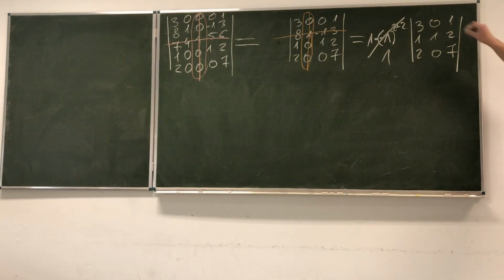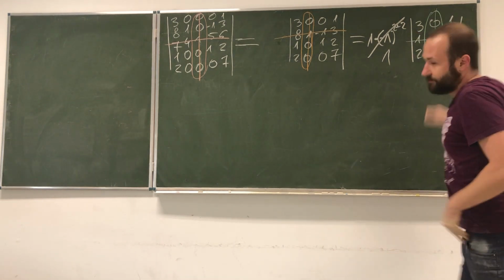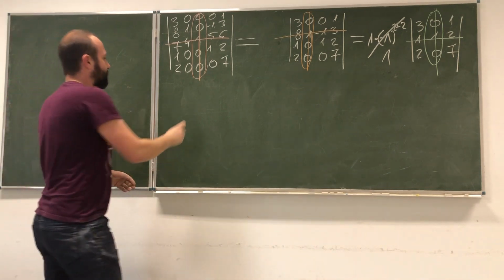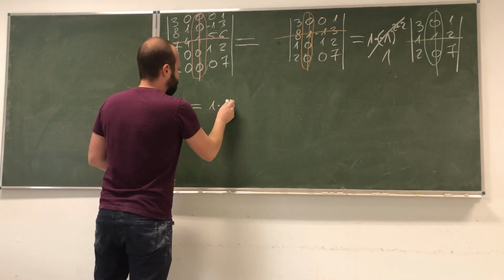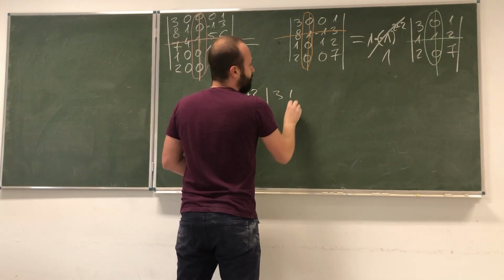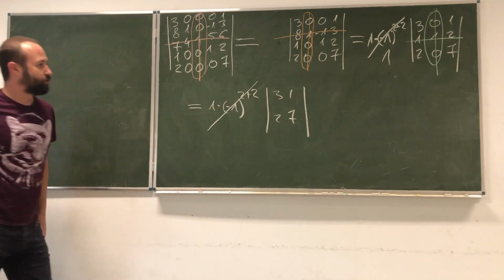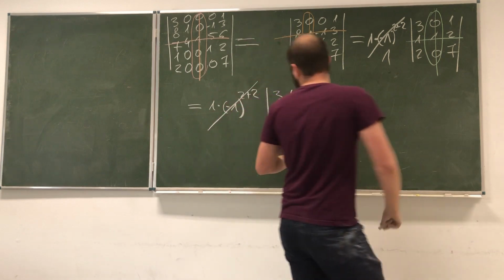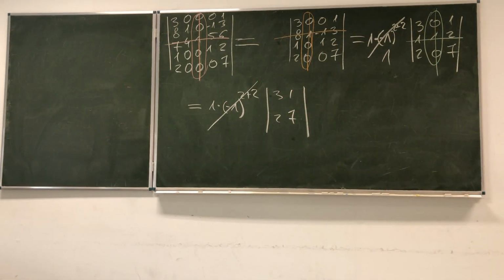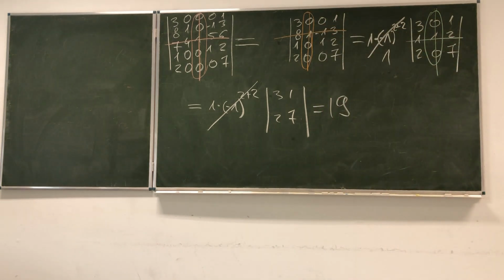We clearly see again that this is the best choice. So what I am getting is 1 times negative 1 to the power 2 plus 2 times 3, 1, 2, 7. And again, I see that this is equal to 1. 3 times 7, 21, minus 2 is just 19. Okay, so this is how we use Laplace expansion.